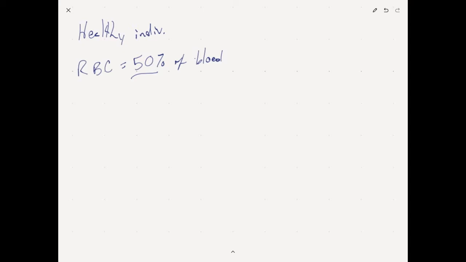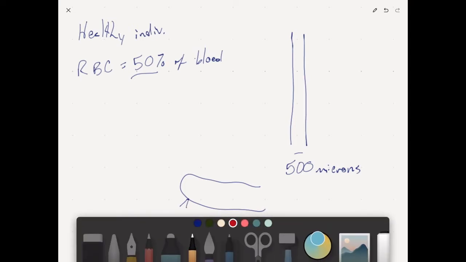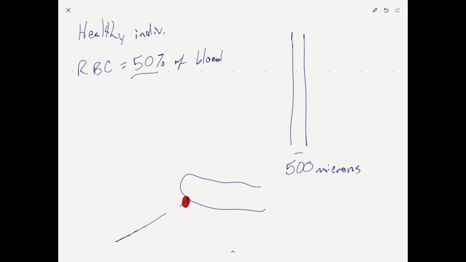And what you can do is you can take a little tiny tube called a capillary tube. This is about, we'll say, 500 microns across. And you may have seen somebody do this. Somebody will take your finger and prick it with a little pin, and you secrete a little bit of blood, and they'll take this capillary tube and just touch it to the blood.